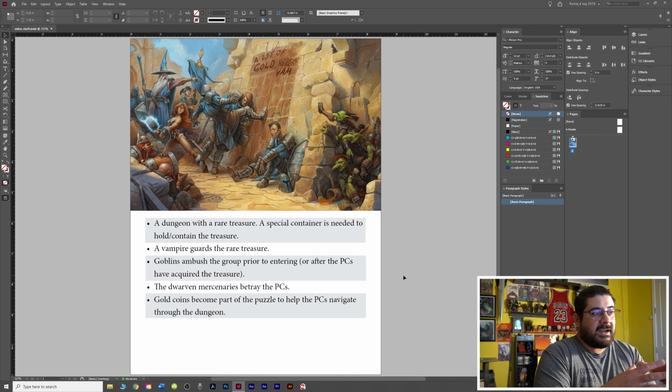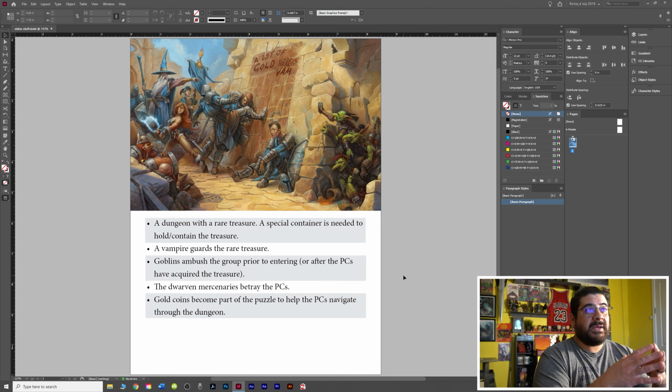Maybe the PCs are under contract, signed in blood, where they're being paid by a high-level wizard to retrieve this legendary item. And that's the wrong wizard to piss off. Don't get the legendary item and then try and steal it. But maybe that is where you're going to go with your story arc. Think of the memories there.